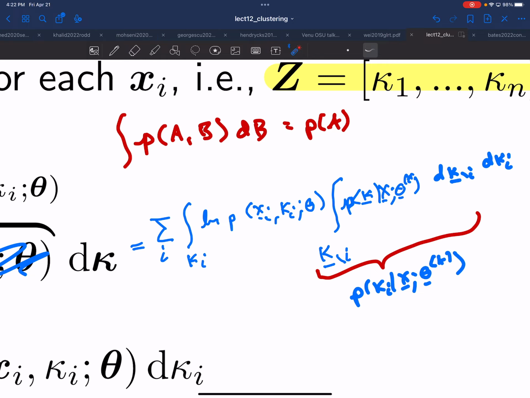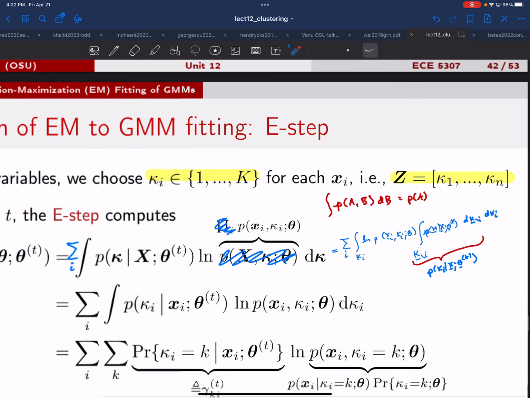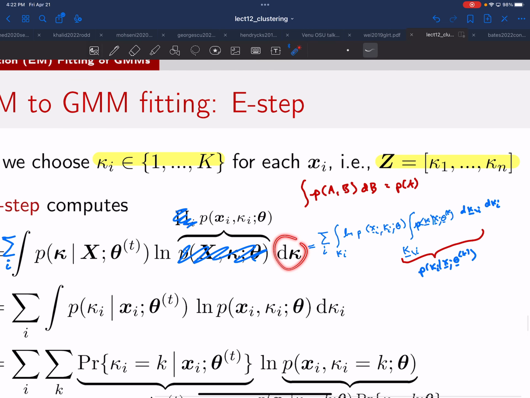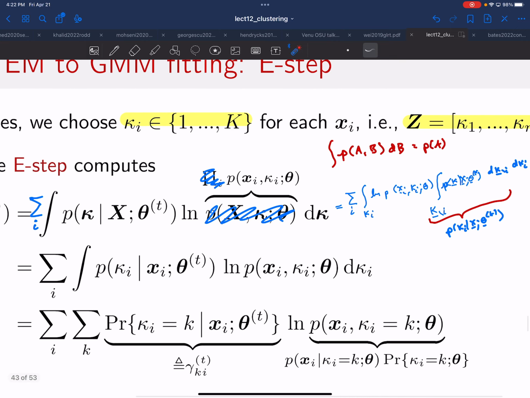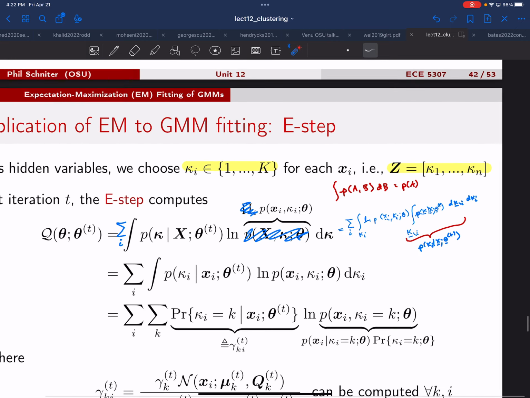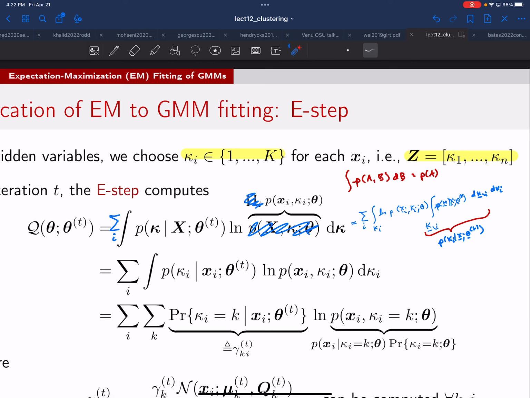Okay, does everybody see that? So that's how we got here. This changed to this, so now our lives are a lot easier. The other thing that's a little bit weird that I've been doing is I have a discrete random variable and I've been integrating over a discrete quantity. You can handle this if you work with delta functions.